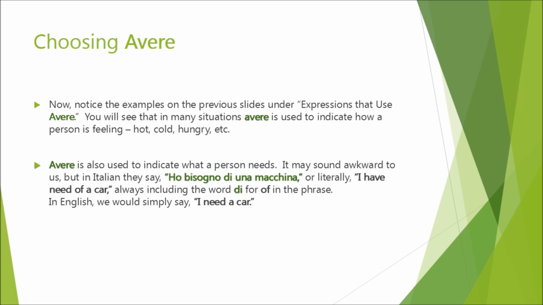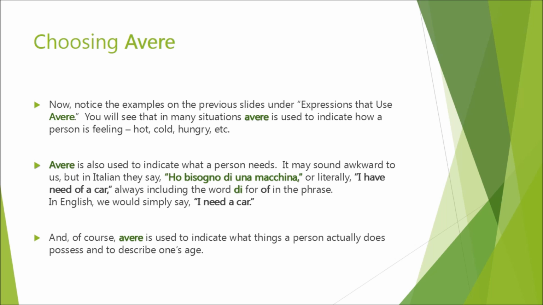It may sound awkward to us, but in Italian they say, ho bisogno di una macchina, or literally, I have need of a car, always including the word di, for of, in the phrase. In English, we would simply say, I need a car. And of course, avere is used to indicate what things a person actually does possess, and to describe one's age.